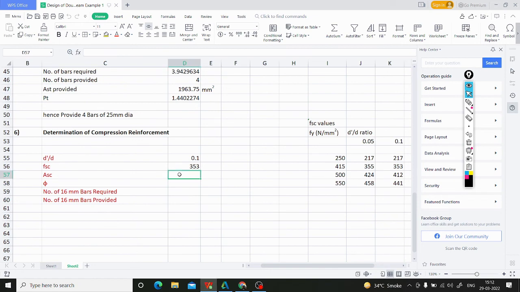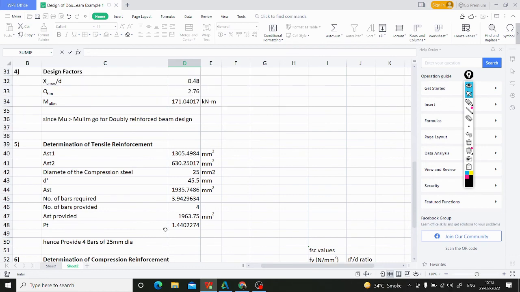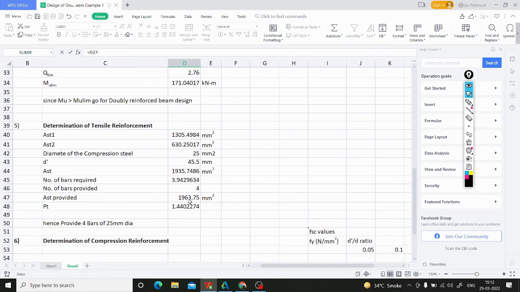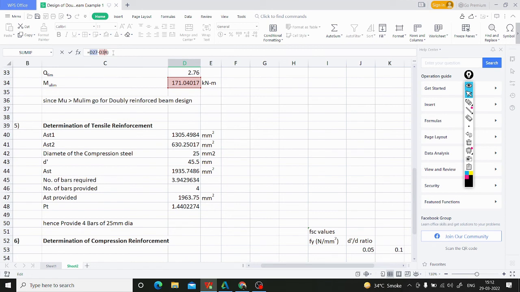Okay, so ASC equal to (Mu minus Mu lim), in bracket we can write it down, into 10 to the power 6.